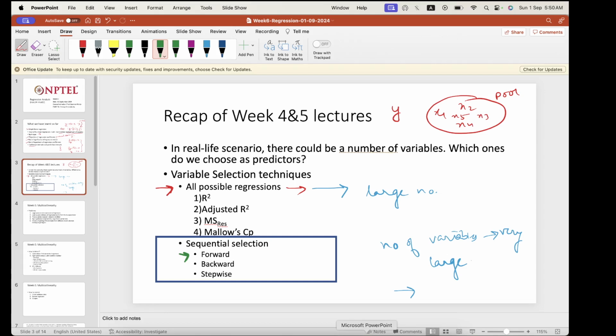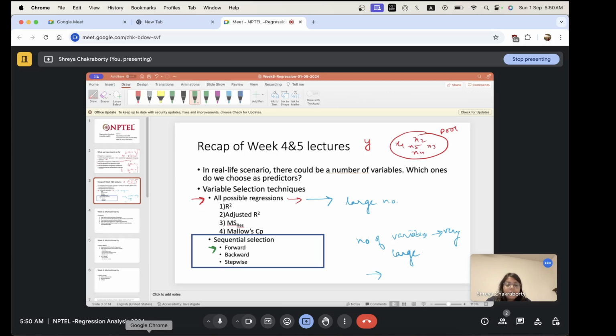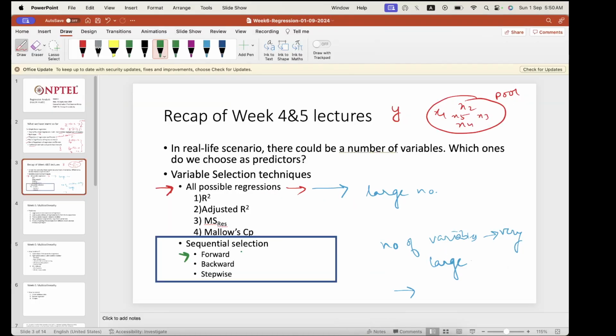And then in stepwise, we keep on adding variables and check whether the previously added ones continue to remain significant until all the regressors in the model are significant. So these are some of the techniques that we learned.